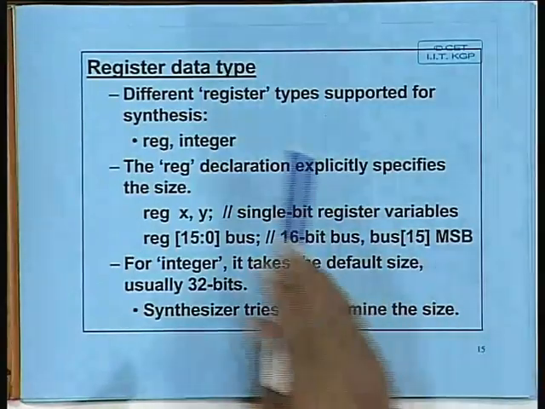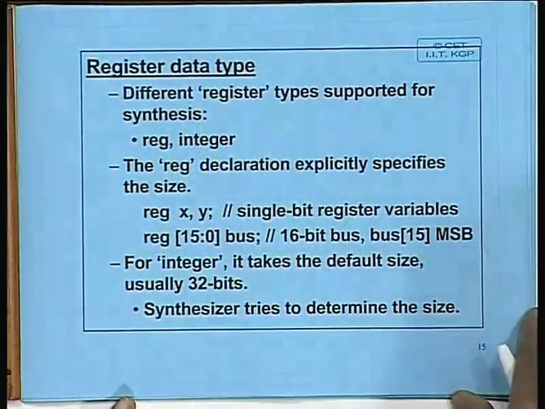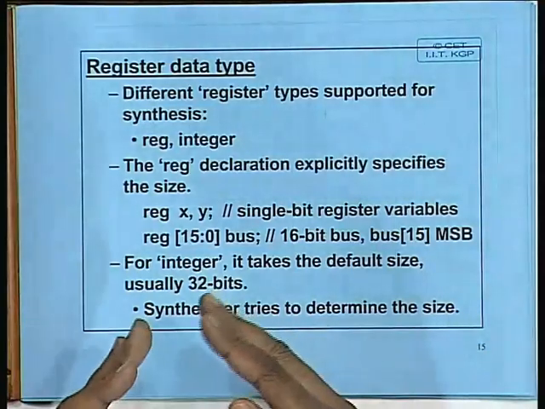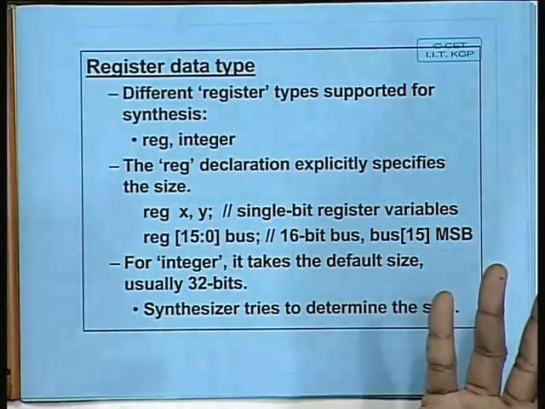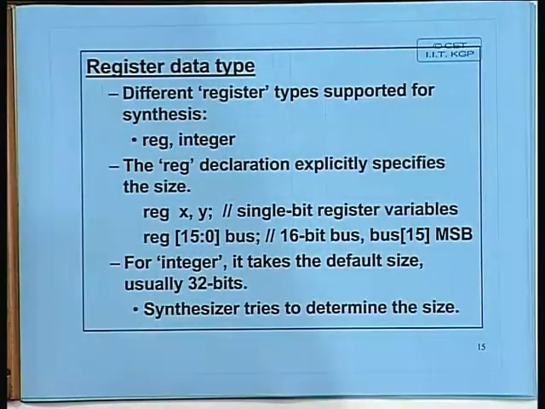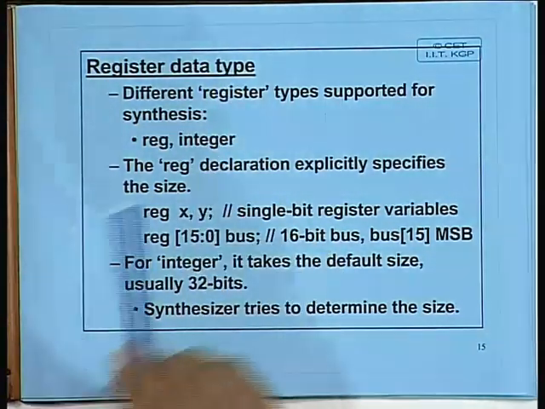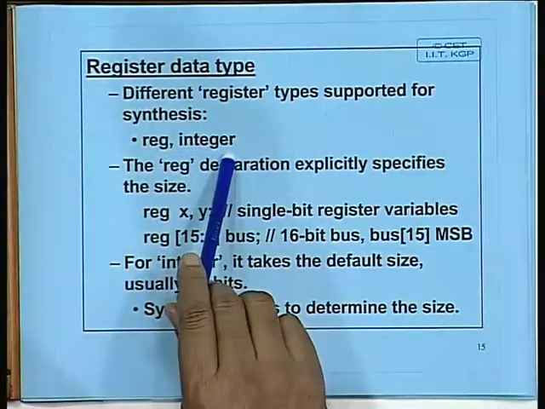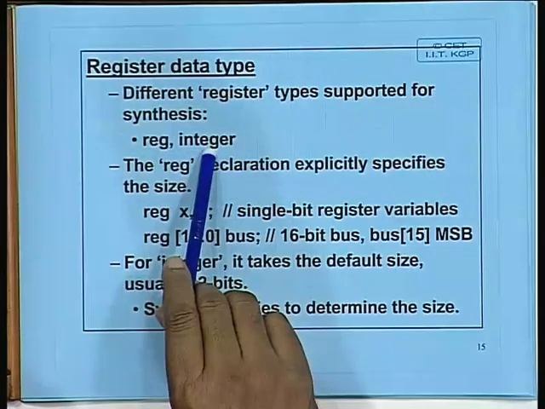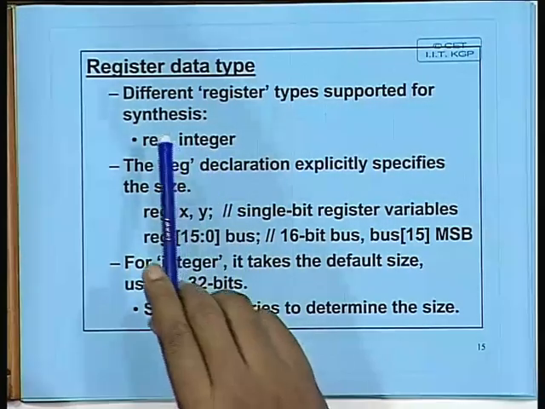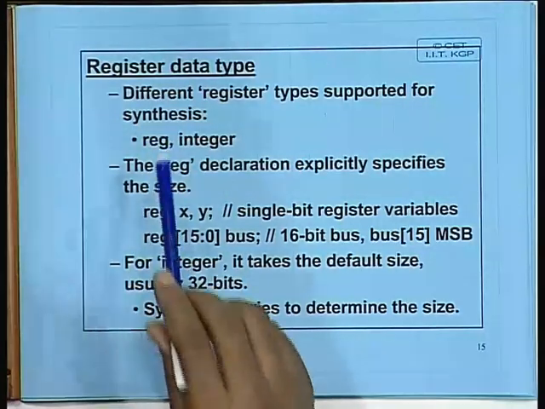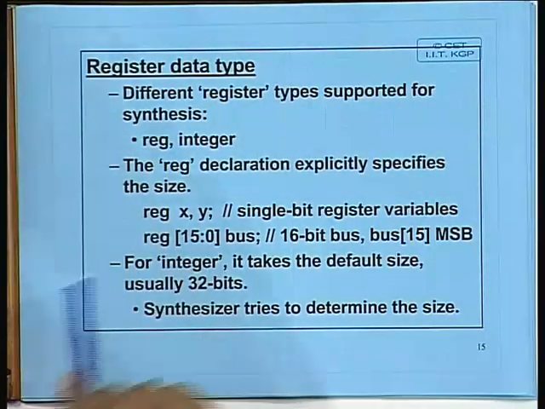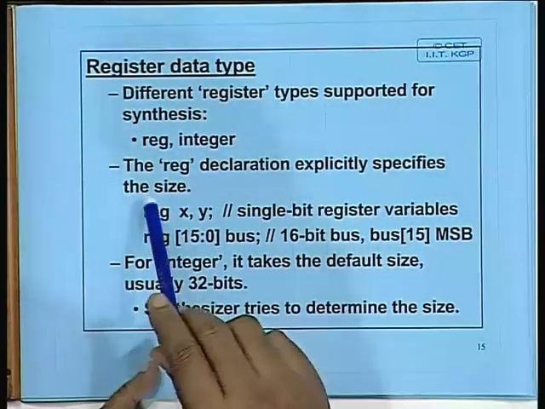Now, let us look at the register data type. Register data type, as I mentioned, is something which is supposed to be synthesized into a storage element. Register data type can be of 2 types, reg and integer. The main difference is that when you define it as reg, you must explicitly specify the size of the storage.